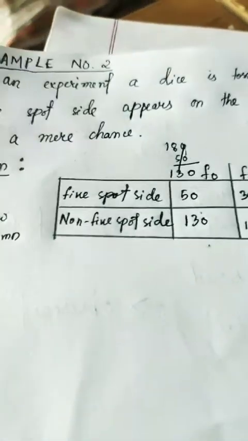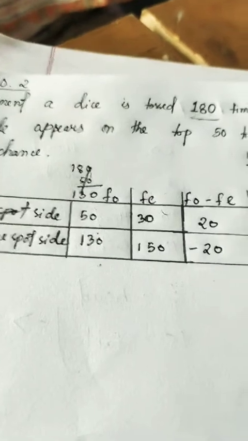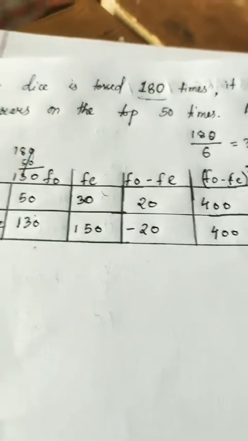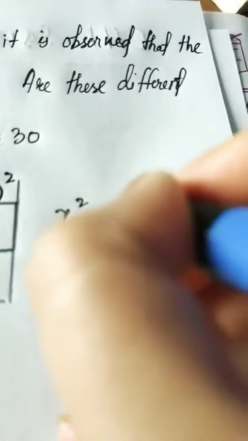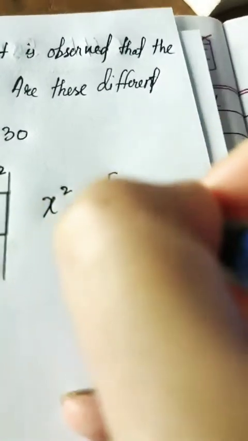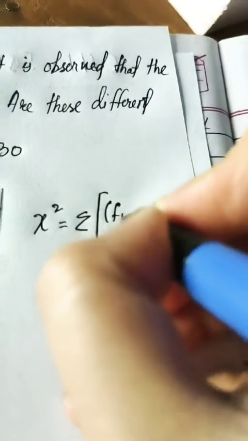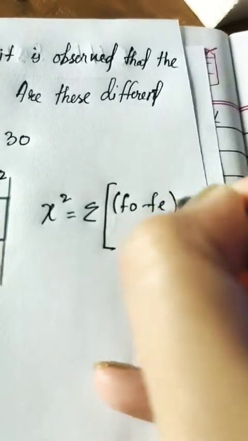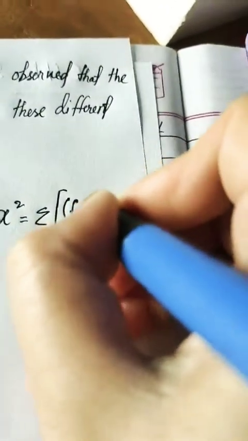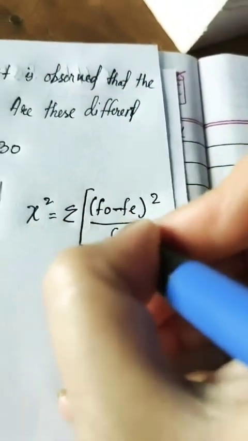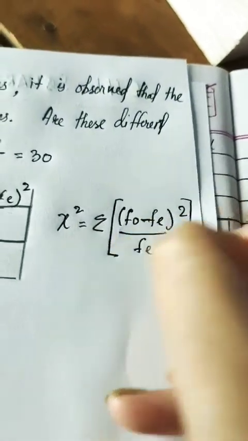If you don't remember the formula of chi-square, I will write it down here. The chi-square formula is equal to the summation of open bracket FO minus FE whole square, divided by FE, close bracket.